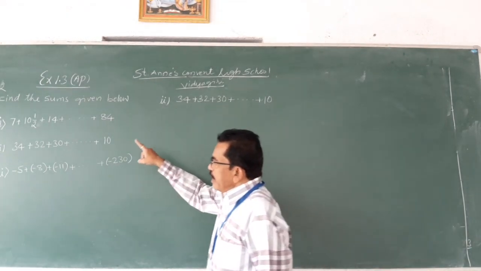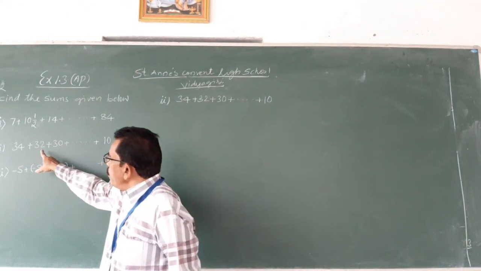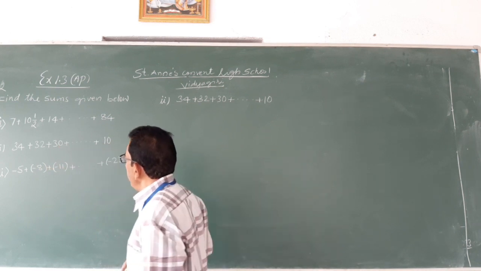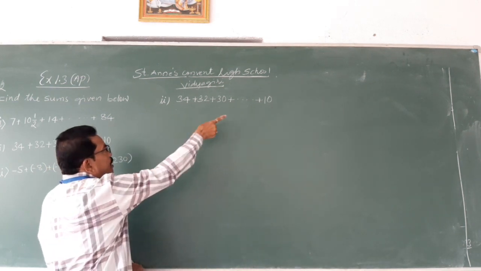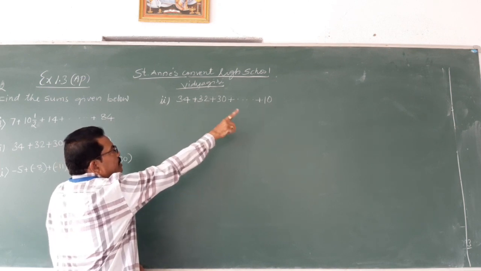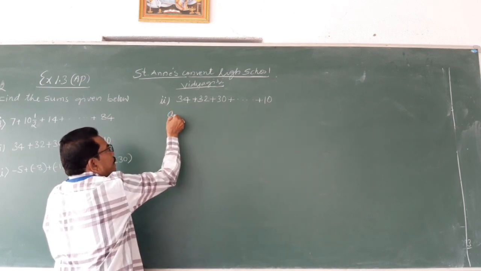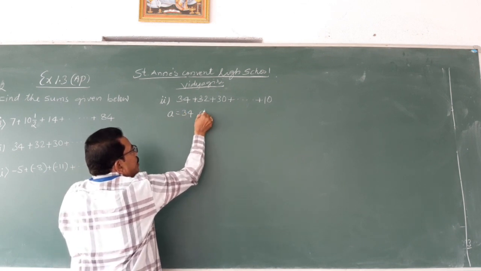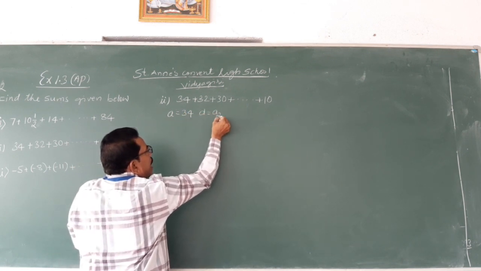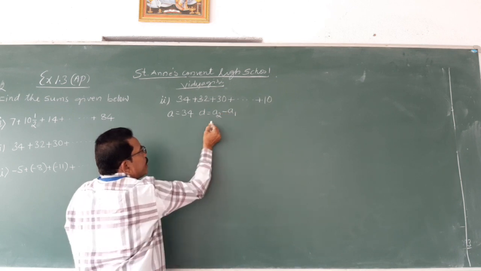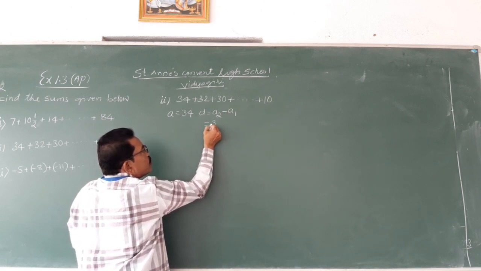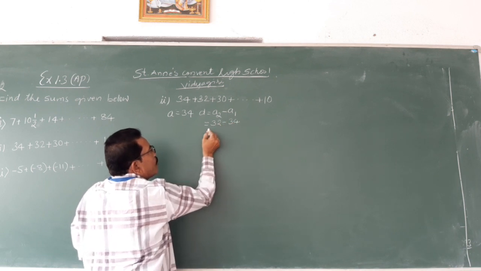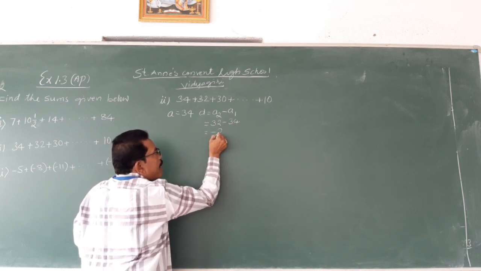See, the second is 34 plus 32 plus 38 plus dash dash plus 10. See, 34, 32, 38, plus 10. That is given. a equals 34. d equals a2 minus a1, that is 32 minus 34, which equals minus 2.